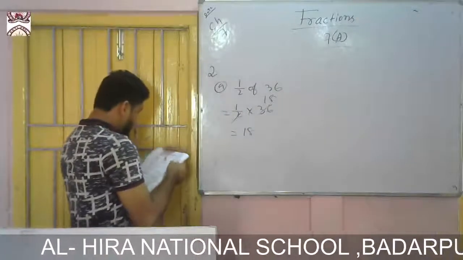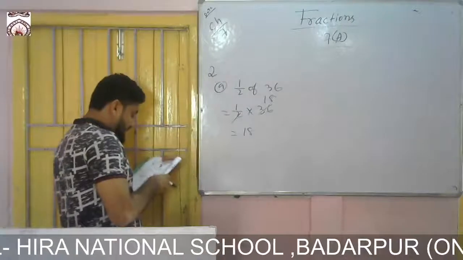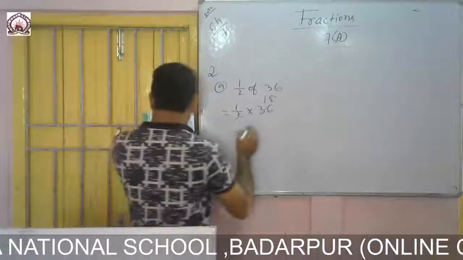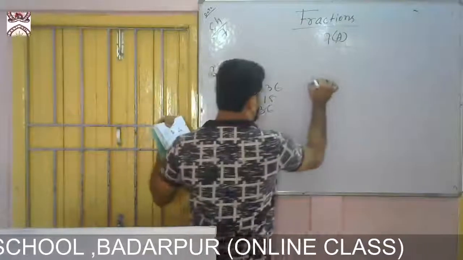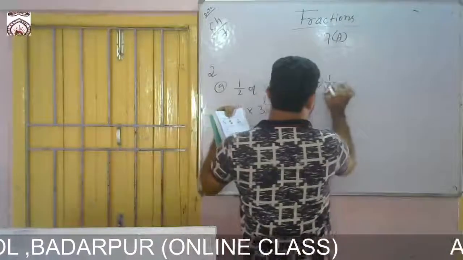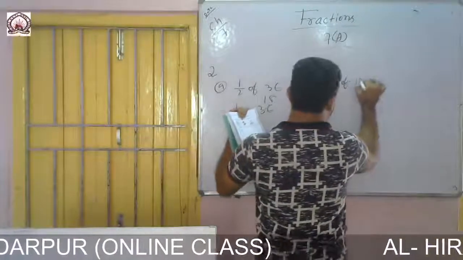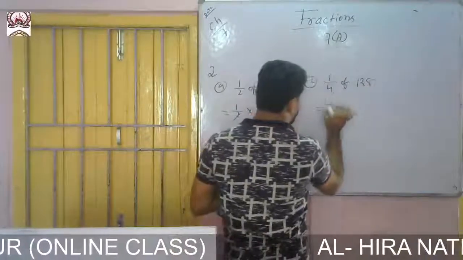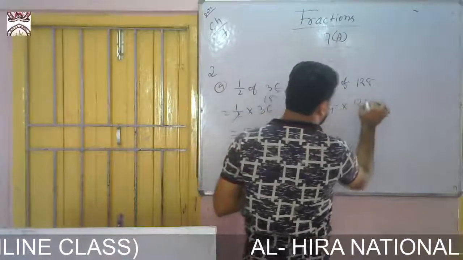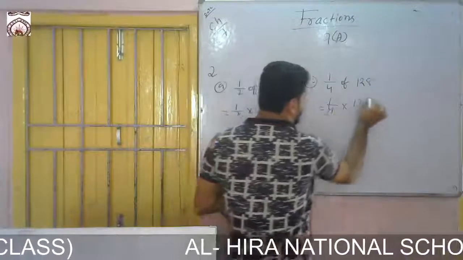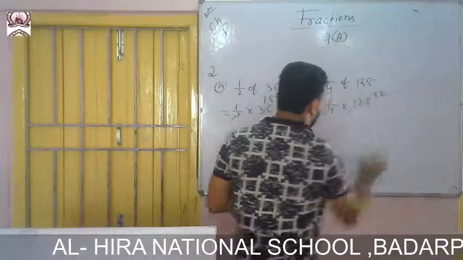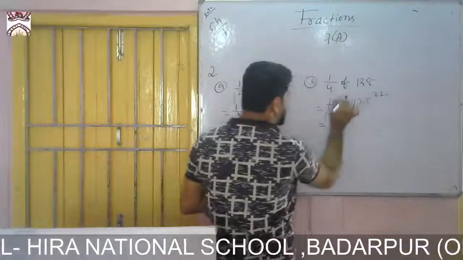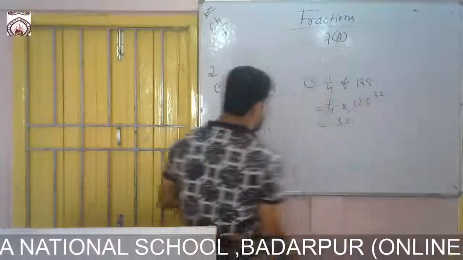Now come to question number C. 1 by 4 of 128. So 1 by 4 into 128. So 4 3s are 12, remain 8. So 4 2s are 8. So the answer is 32. 1 32s are 32.